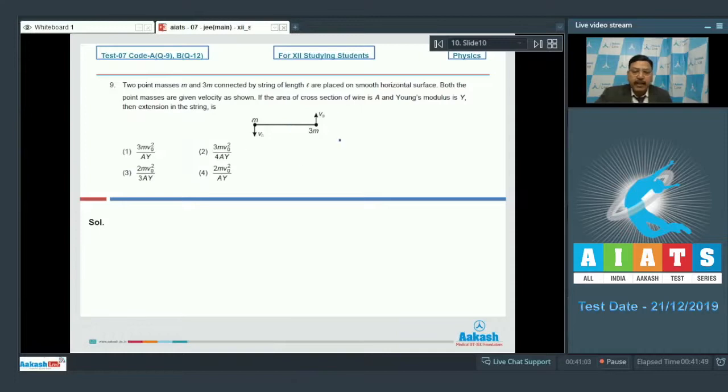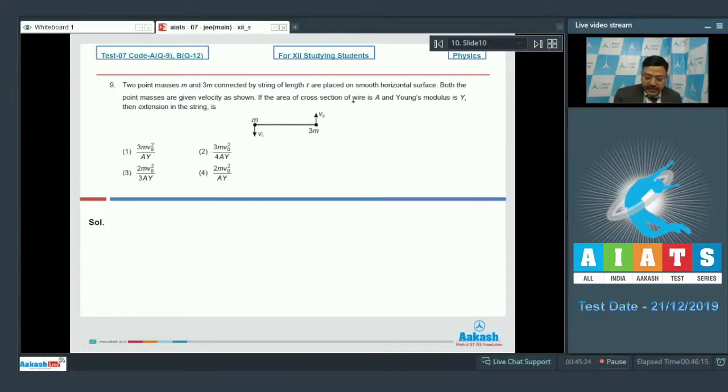But why? Because we can see that the center of mass will have a uniform, constant velocity, and hence a frame attached to the center of mass is going to be an inertial frame.